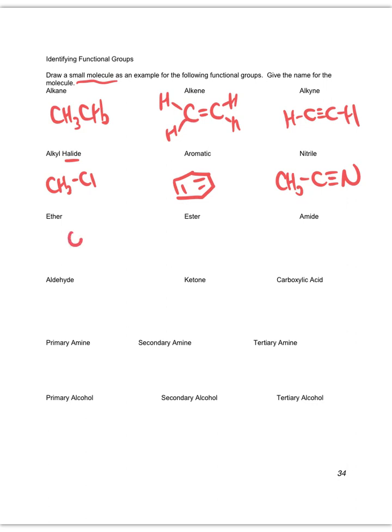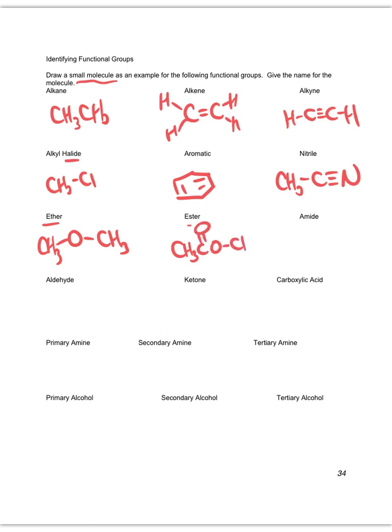An ether is an oxygen with 2 alkyl groups on either side. The ether and the ester are hard to keep track of, so be careful. Make some note cards of them, flip them over, and work on what the functional groups are. An ester is more complicated than an ether.